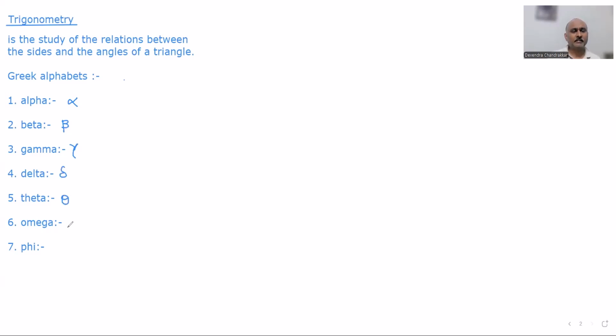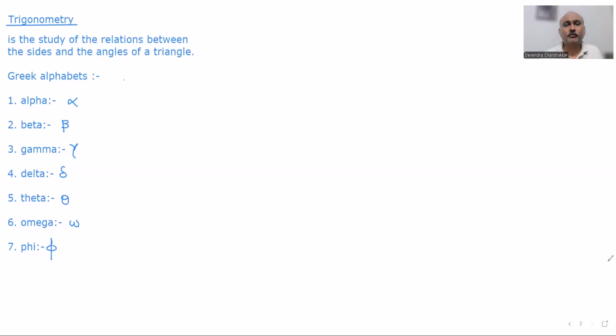This is how theta is denoted. This is how omega is denoted. So we have alpha, beta, gamma, theta, delta, omega and phi. ठीक है बेटा? So these are some of the Greek alphabets.